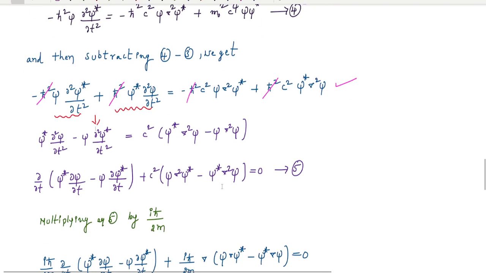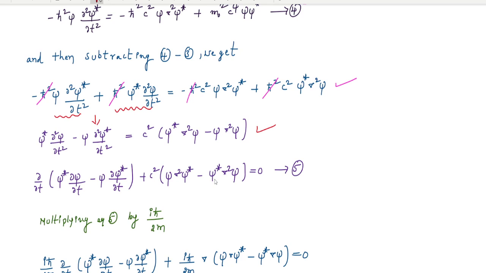If you observe this equation carefully, dou divided by dou t, the time coordinate term is there, and here the space coordinate terms are there.